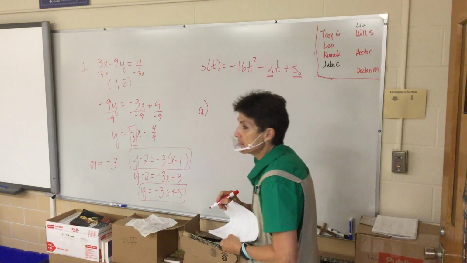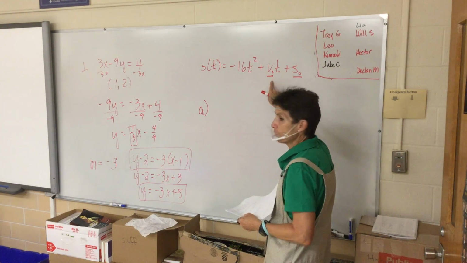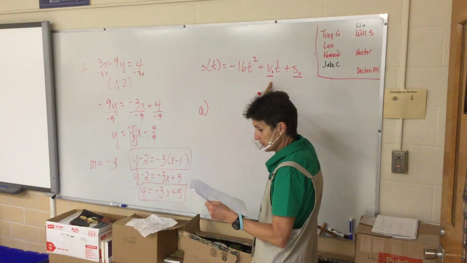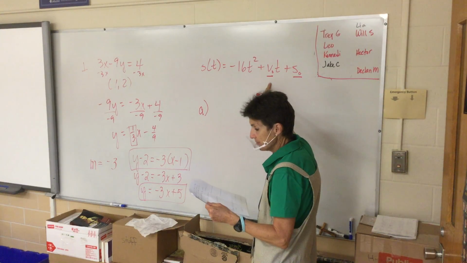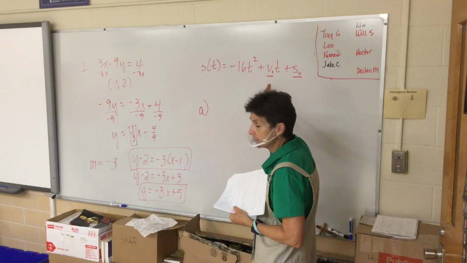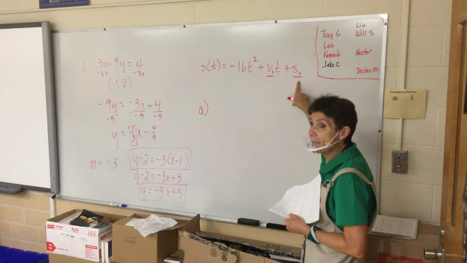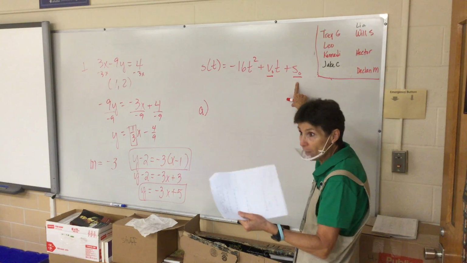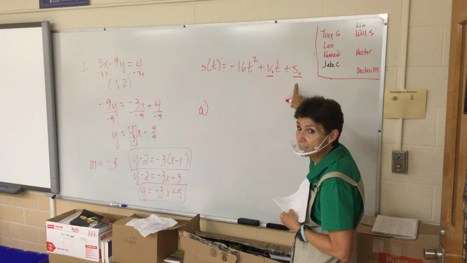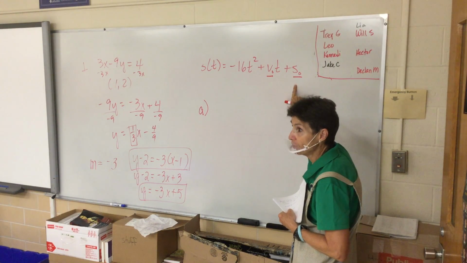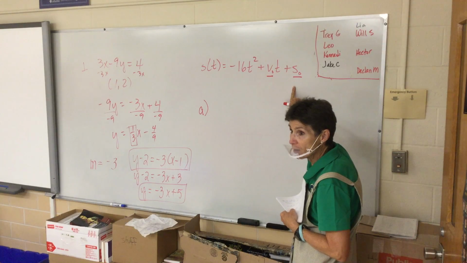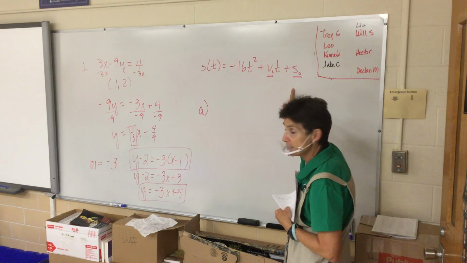Okay? So, what goes in for v sub naught? 100. 100, because it says the velocity is 100. What goes in for s sub naught? 0. 0, because the ball is at ground level. And when you're on the ground, your height is 0.